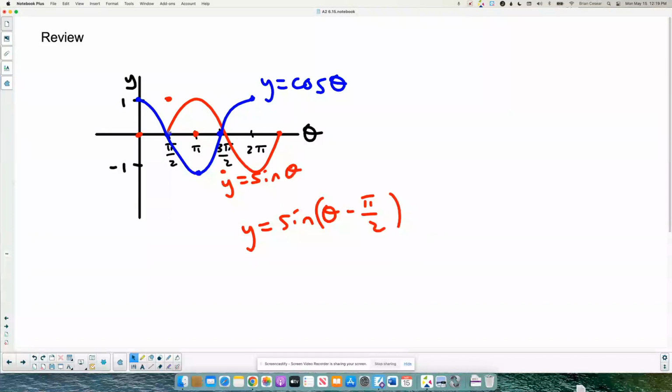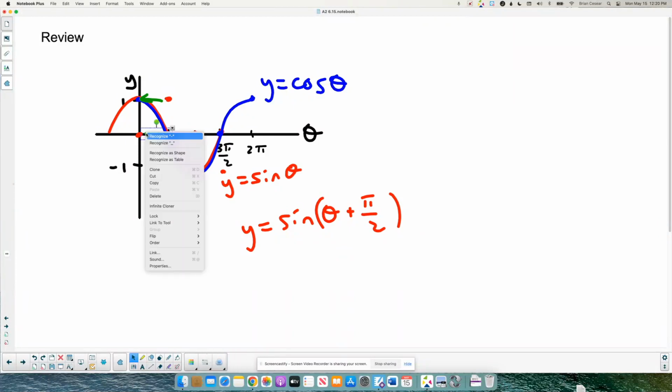If it was plus pi over 2, like that, it would move left pi over 2. So every point, like this point, shifts left pi over 2. This point was originally there, shifts left. Everything moves left pi over 2 if you have something like that.